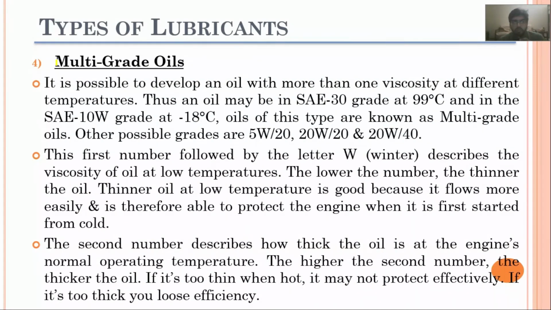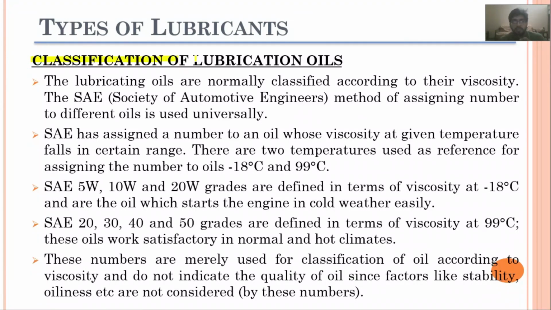Next, before moving towards the multigrade oils, I am going to explain the classification of the lubricating oil as per the Society of Automotive Engineers, SAE. Lubricating oils are normally classified according to their viscosities, and the Society of Automotive Engineers has developed a method of assigning a number to different oils which is generally used universally.